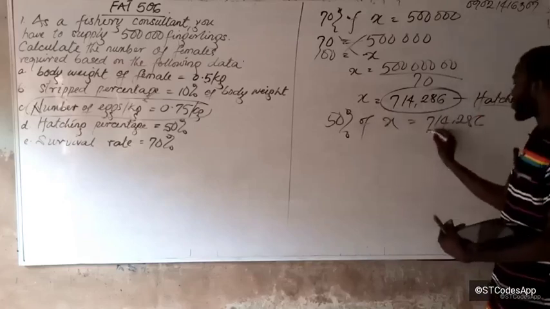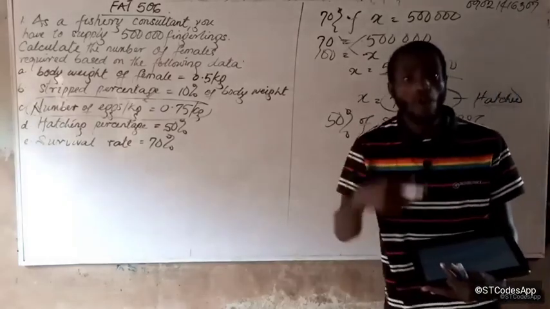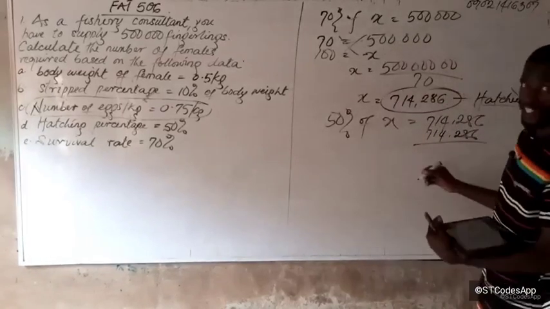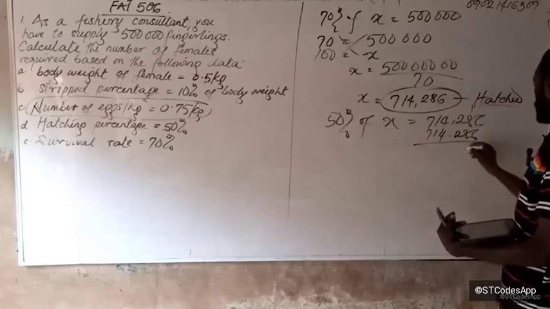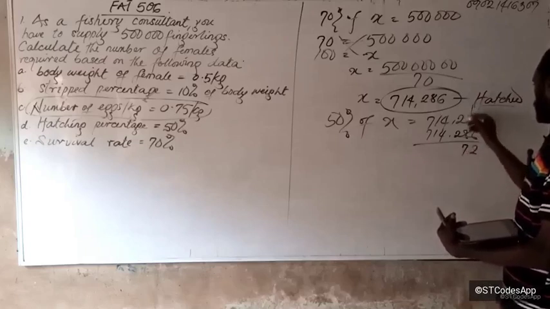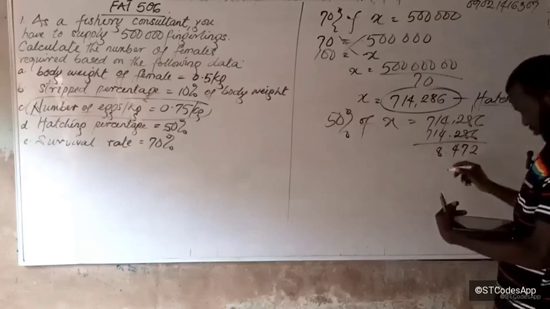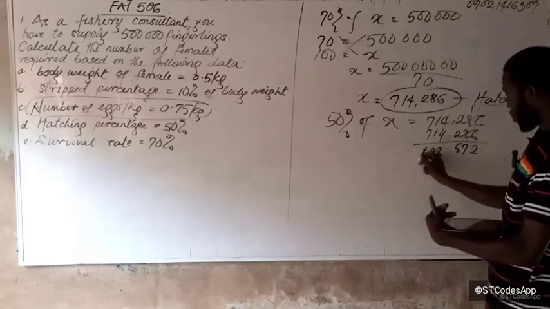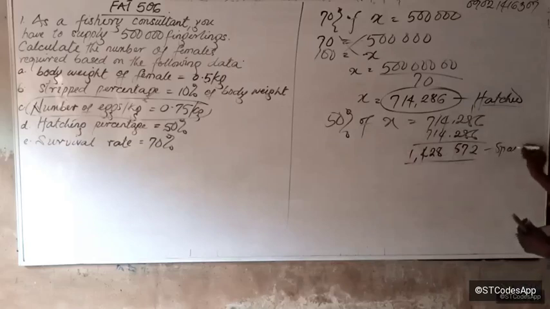So you can just double this, just add this to itself, and you get the amount of eggs that was spawned. The amount of eggs that were spawned, rather, were 1,428,572. So this is the amount of eggs that was spawned.